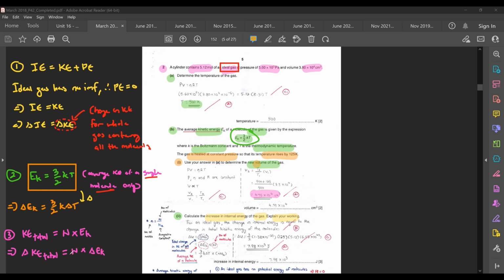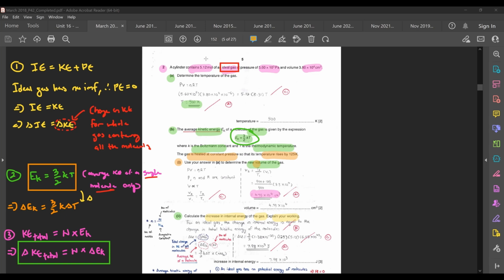Okay, so this is one relation that you can roughly deduce. If you want to find the total change in kinetic energy of your gas, you just take the number of gas molecules multiplied with the change in kinetic energy of a single gas molecule.